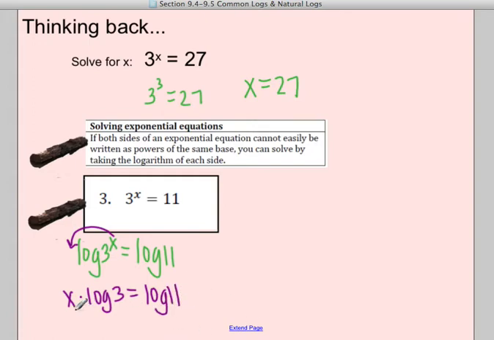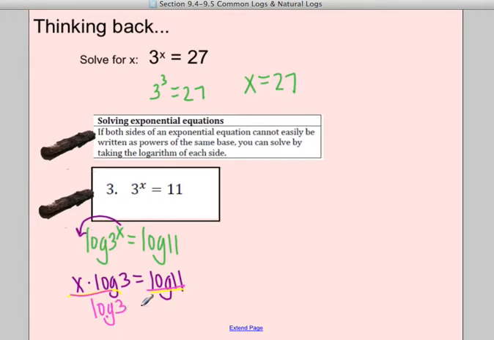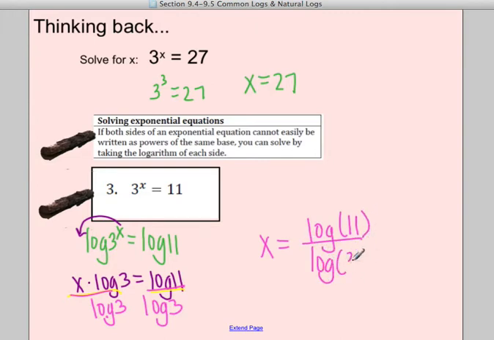And now if I want to solve this, if I want x by itself, it's x times log of 3, so I would divide both sides by log of 3. So on your calculator, we would have x is equal to log, and it's probably going to have parentheses, 11, end that parenthesis, divided by log, parenthesis, 3.